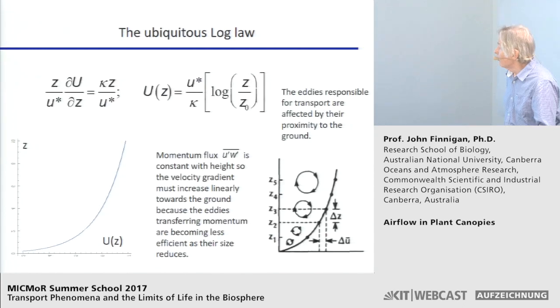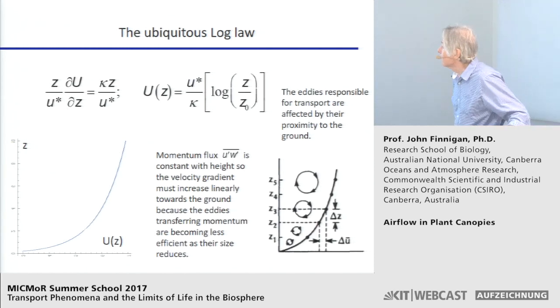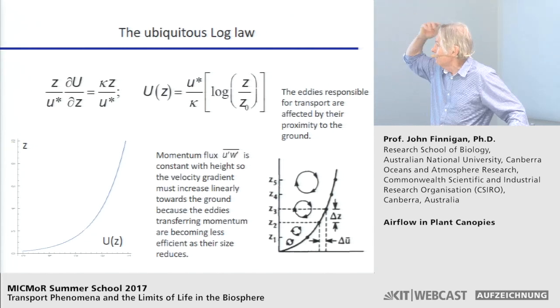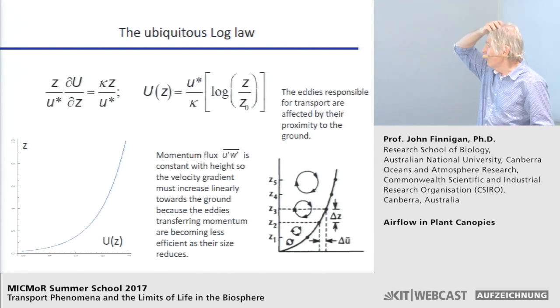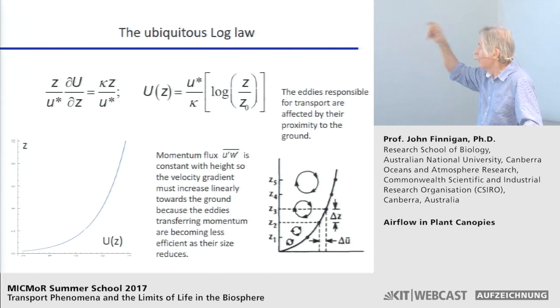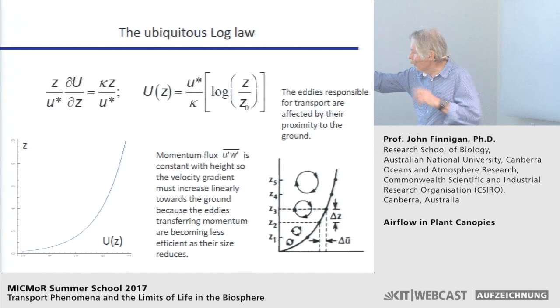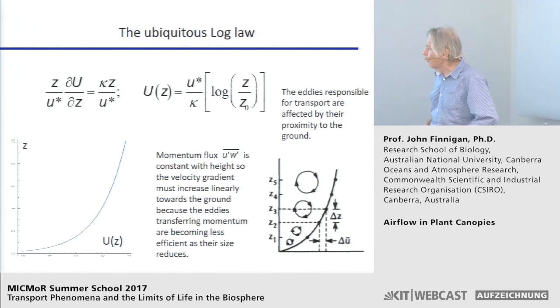So I've called it the ubiquitous log law because it appears all over the place in boundary layer fluid mechanics. So again, if you take the log law there, well done, that should have been k. I've made an error there. So z upon u star du dz equals k. Integrate that and you get the log law. That's what the log law looks like.